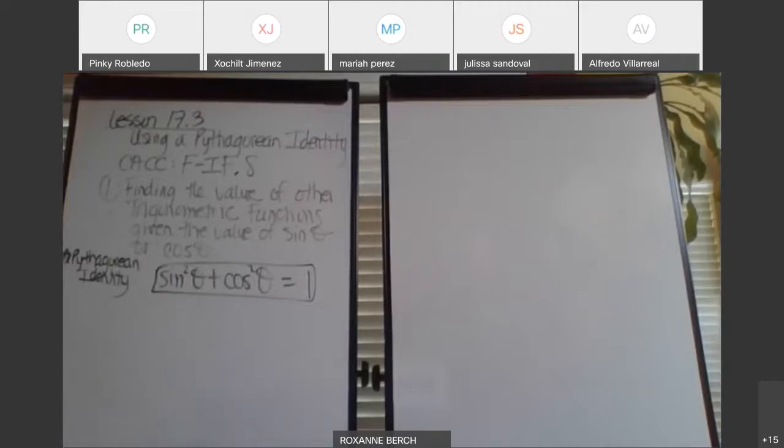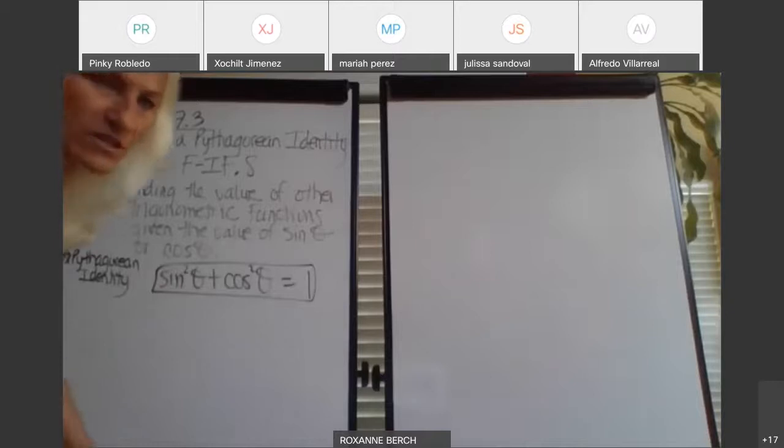Sine squared theta plus cosine squared theta equals 1. So you can think of this as y squared plus x squared equals 1. Sometimes you'll see the square written on the outside, but most of the time you see the square written like that. And this comes in a bunch of different flavors.